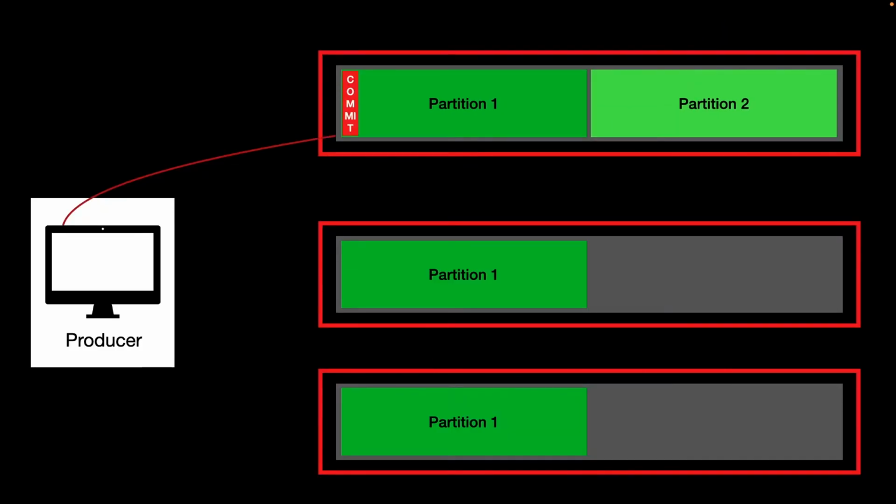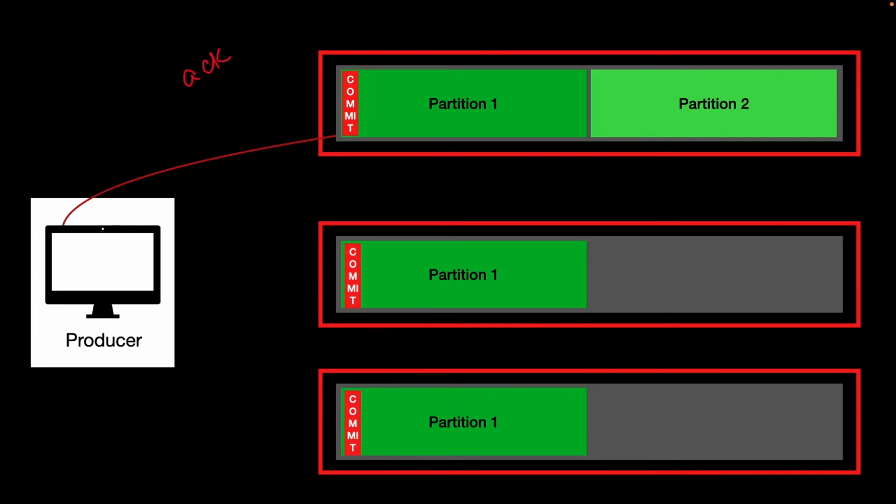Now when the producer has published the data to a particular partition, that message will not be considered published until that information is replicated across all the nodes. By all the nodes, I mean the number of nodes we have marked as ACK.